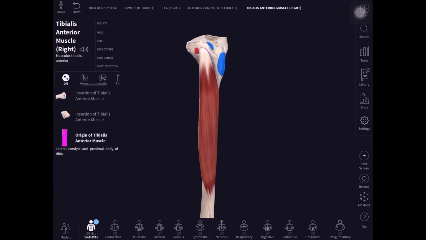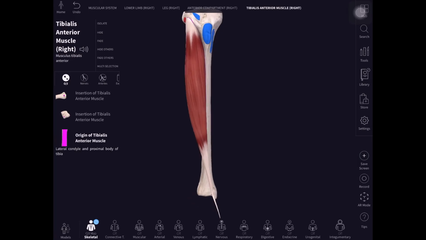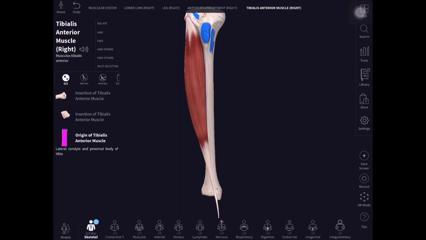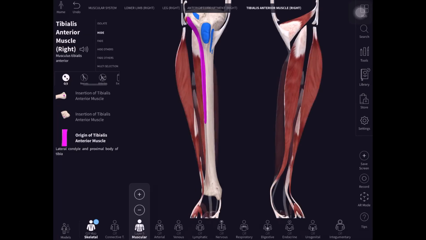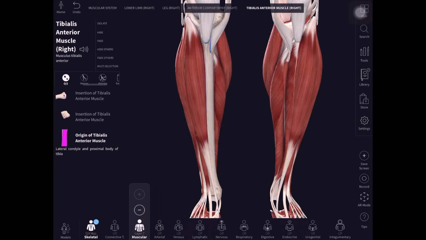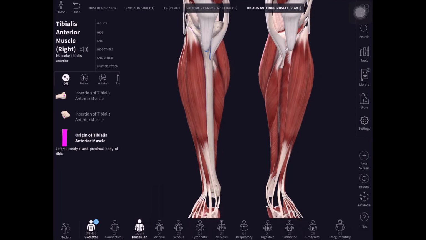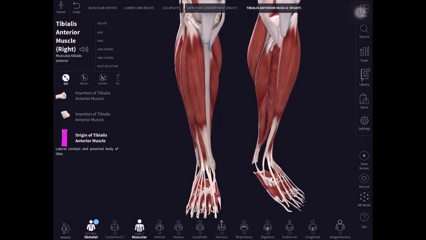Now other than this, we said in the lower part there are so many structures which are crossing. So what I can simply do is add the muscles here. So these are the muscles which are added, and in this I can add artery also now.